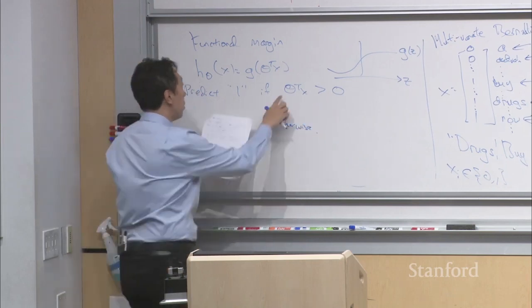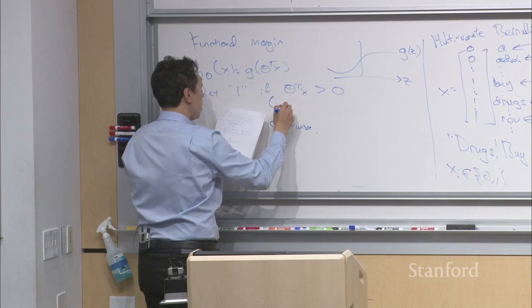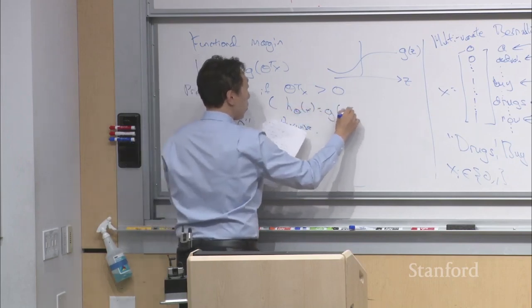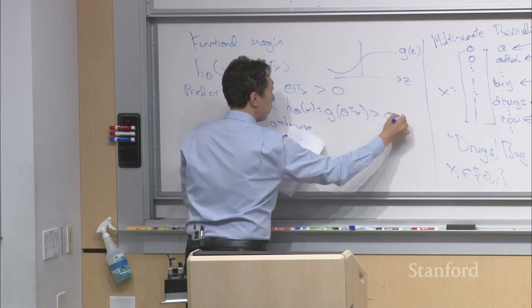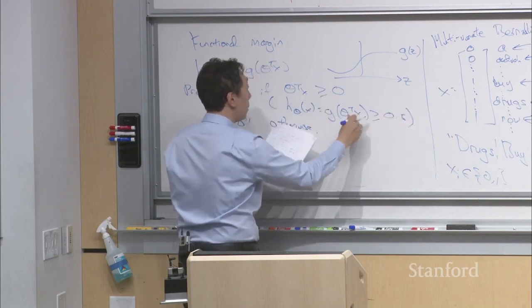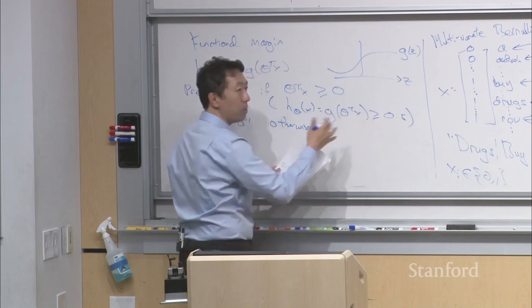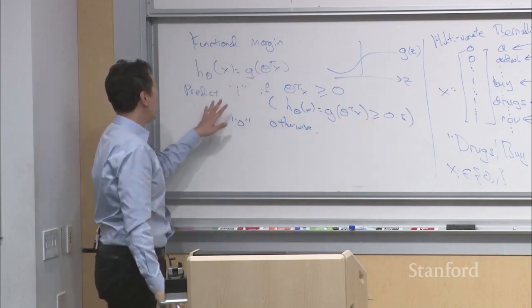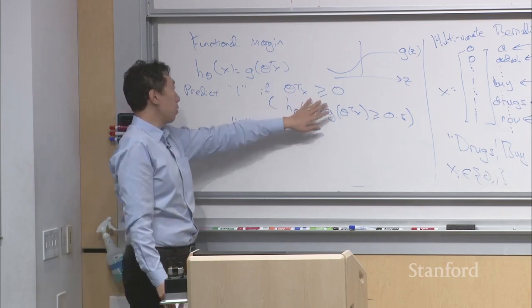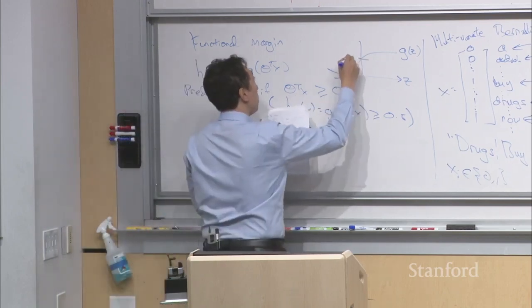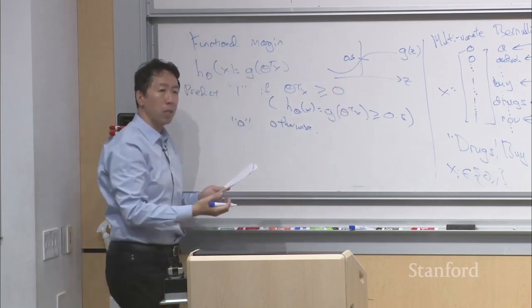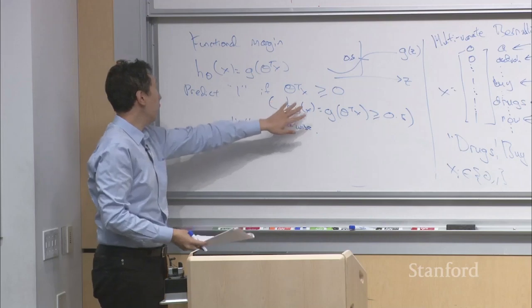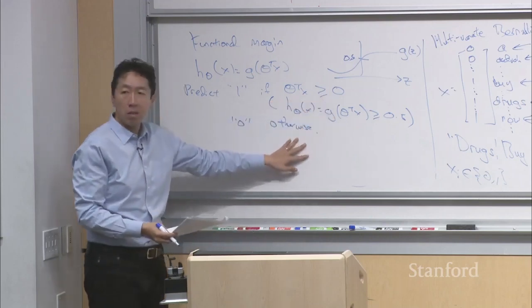Because theta transpose x greater than 0 means g of theta transpose x is greater than 0.5. You can have greater than or greater than or equal to; it doesn't matter. If exactly 0.5, it doesn't really matter what you do. So you predict 1 if theta transpose x is greater than or equal to 0, meaning the estimated probability of the class being 1 is greater than 50-50. And if theta transpose x is less than 0, then you predict that this class is 0.